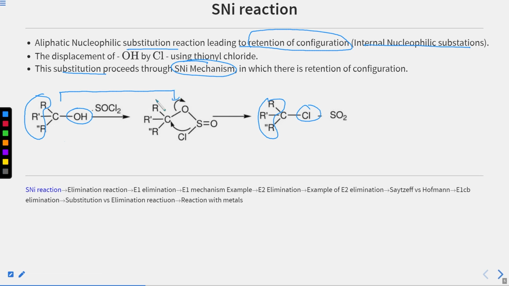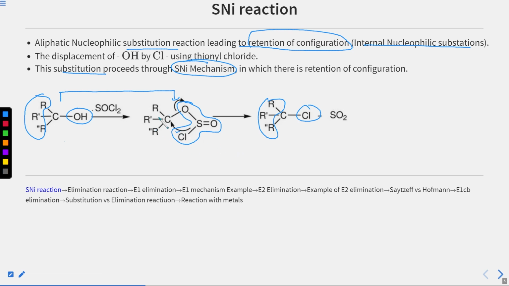You can see there is no change of configuration here, because the O is attacking the sulfur. If our reagent had a configuration it would have changed, but we cannot see any effect on the configuration of the substrate. But in the second part, what happens? The Cl attacks from the same side where the O leaves.